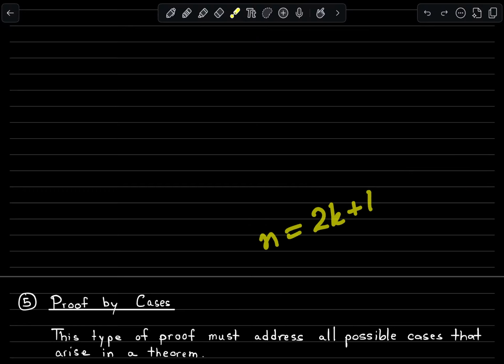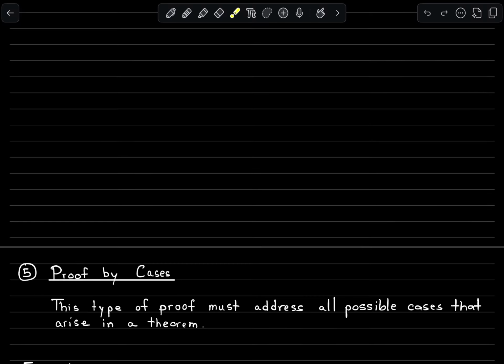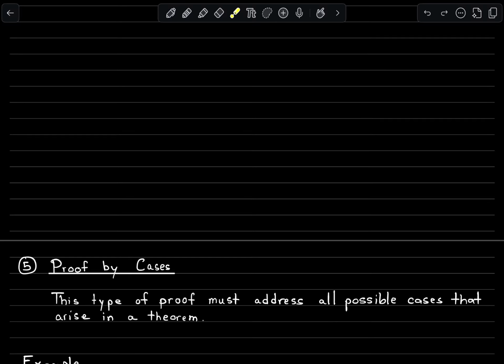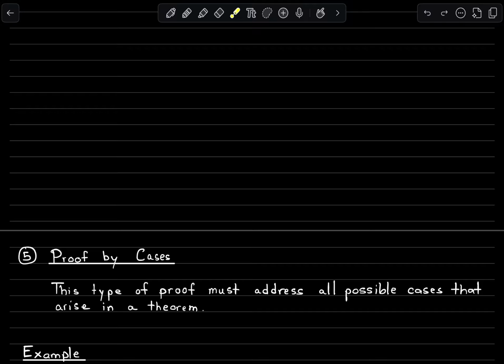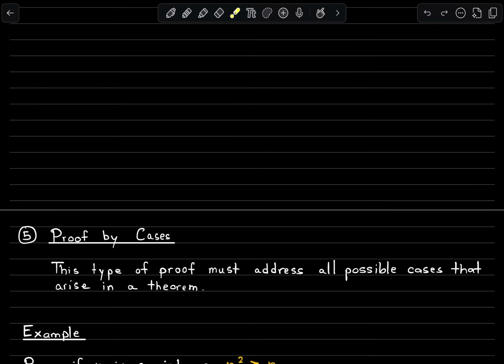The same goes for an arbitrary odd integer. But what about cases where we think about both even and odd at the same time, or both positive and negative at the same time?